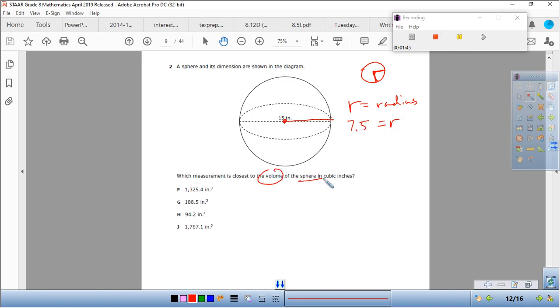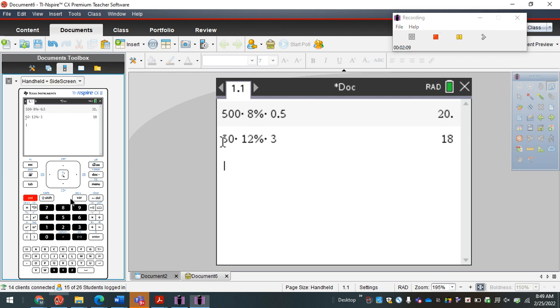It's saying the volume of a sphere. I kind of forgot what that is. Anybody know the formula for that one? Good. 4/3 pi radius cubed. Volume is equal to 4/3 pi. We're going to go with a radius now of 7.5, cubed. So 4/3 pi, and then we're going to go with the radius.